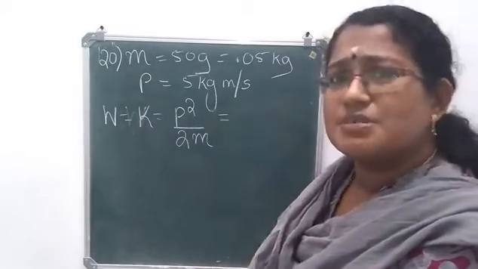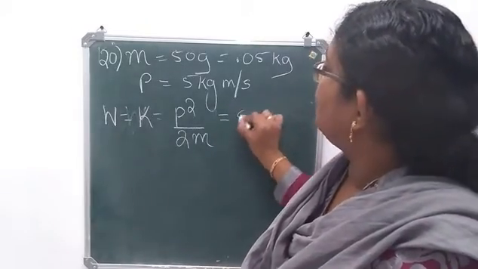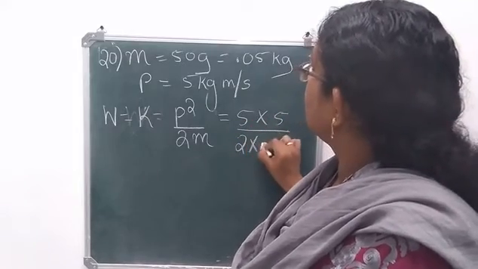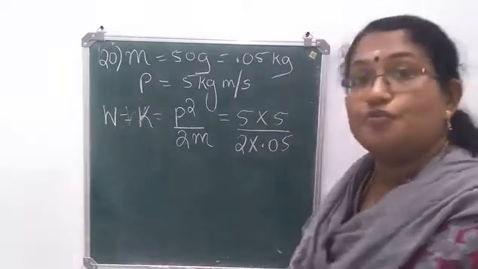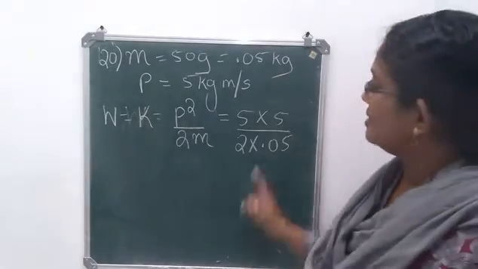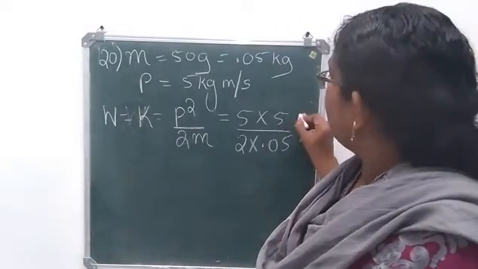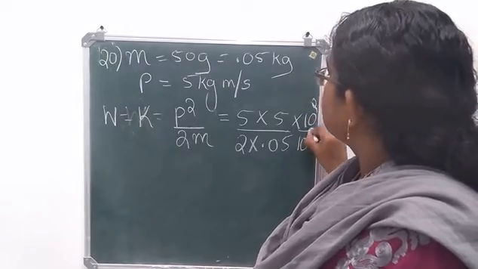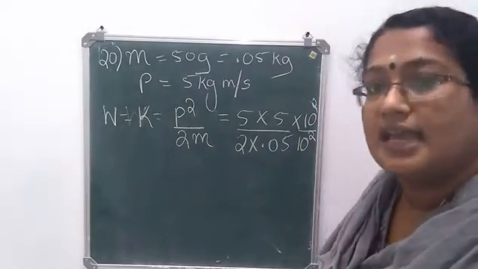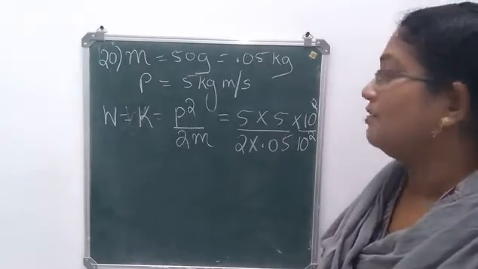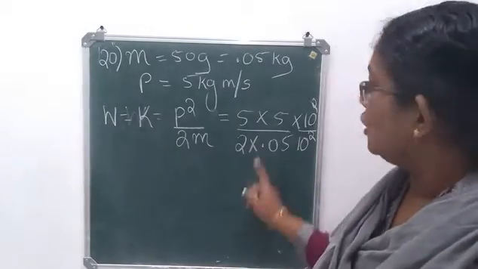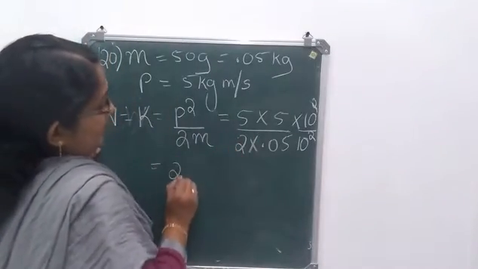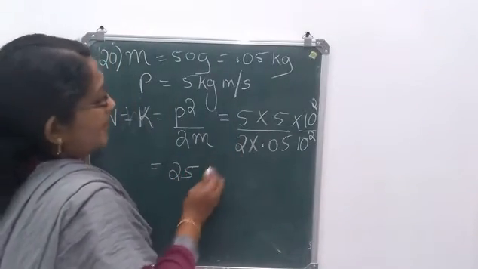So direct substitution. P is 5, so 5 square, 5 into 5, by 2 into mass 0.05. Since a decimal place is there in the denominator, with what should you multiply the numerator and denominator? Since 2 decimal places are there, you have to multiply with 100. Then only you can remove the decimal place. So 5 into 5 is 25 plus 2 zeros.